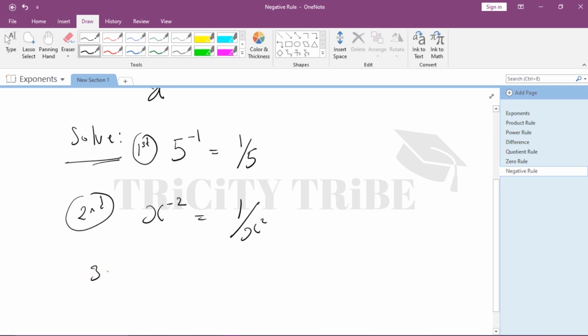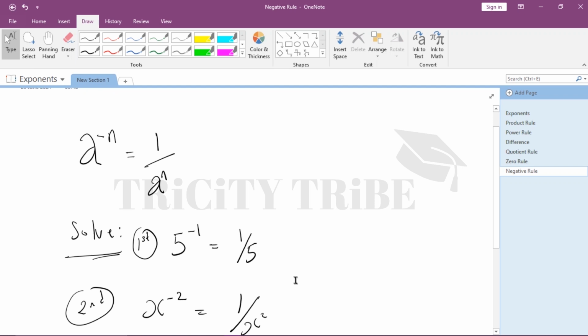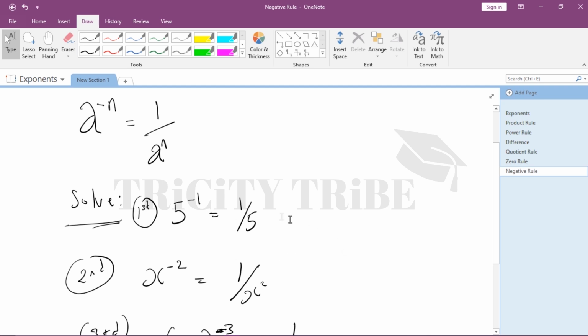Let's say you have the third question here: 3a in brackets raised to power minus 3. That's 1 over 3a in brackets raised to power 3. That's what the negative rule tells us.